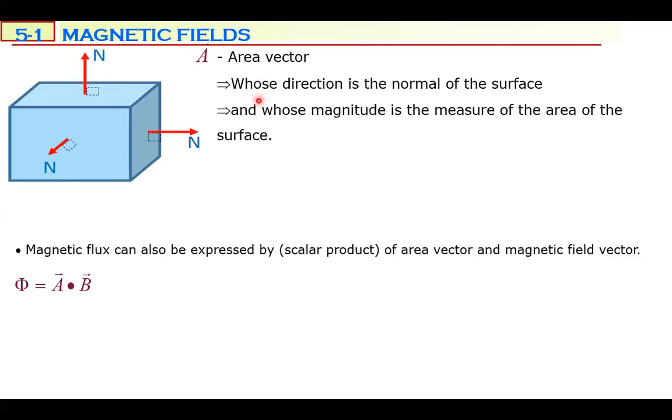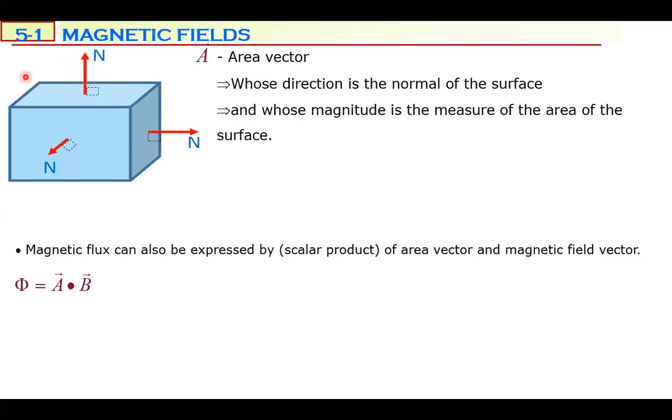So area is a vector quantity whose direction is the normal of the surface. Sometimes normal, in fact, means the perpendicular line to the surface. Normal means this. And its magnitude is the measure of this area: how many meters squared or centimeters squared this area is.